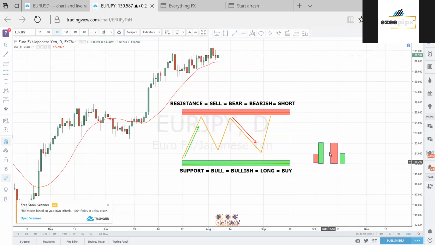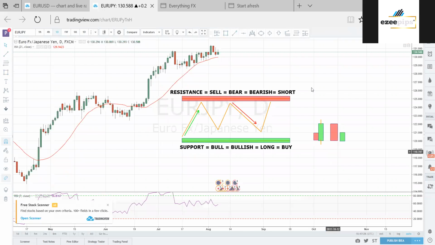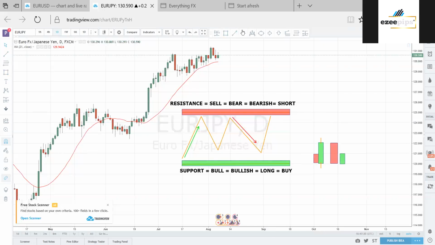So either one of these candles, either this or that. Either a small red, big green, or a big red, small green. Not forgetting the wicks. The drawing part is very scary. Bear in mind, all the candles here have wicks.